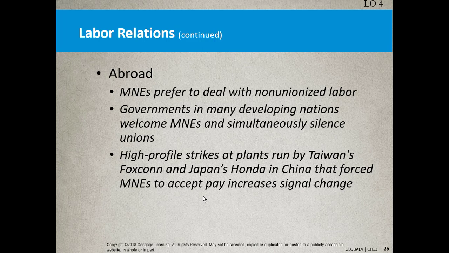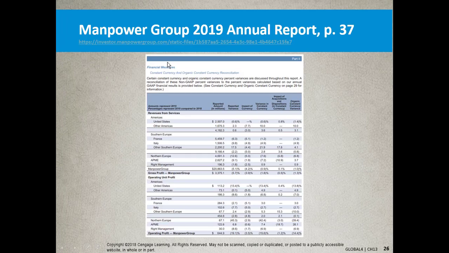What's fascinating is that this American company, Manpower Group, today, I'll show you the next slide here, this is from their 2019 annual report on page 37. If you look at where money comes from, in this case you have revenue from services and operating profit. You look at the United States at $2 billion right here. Other Americas, $1 billion. So there's $4 billion for the Americas. France is at $5.5 billion.